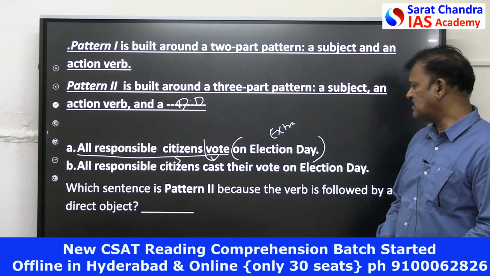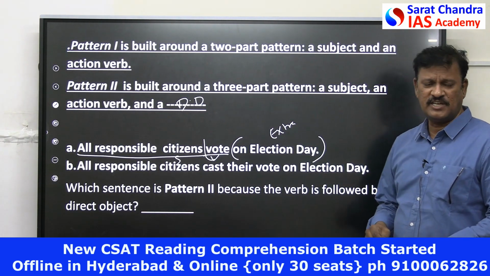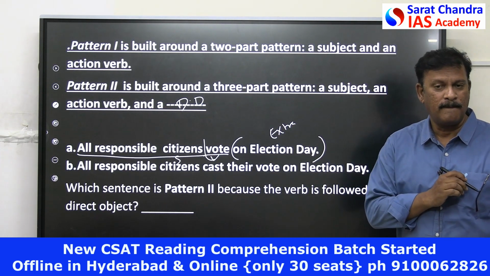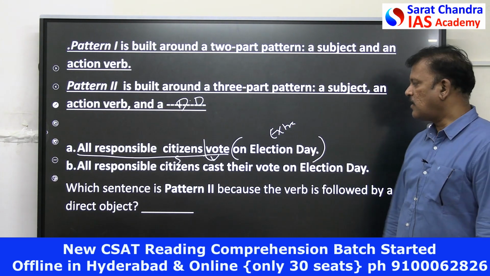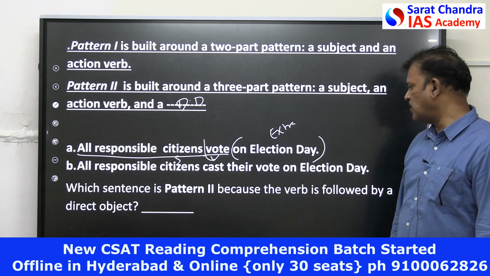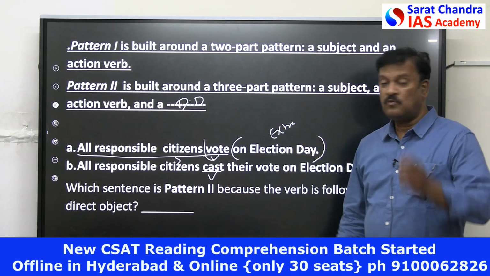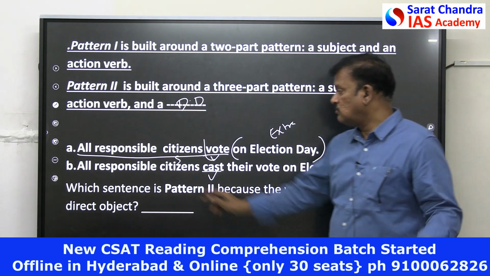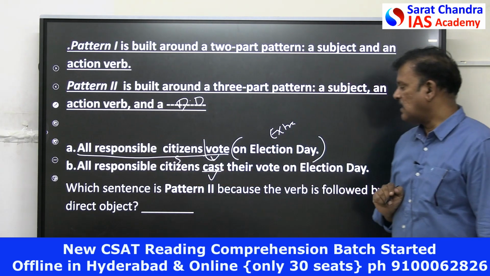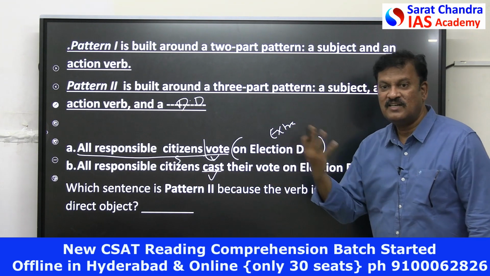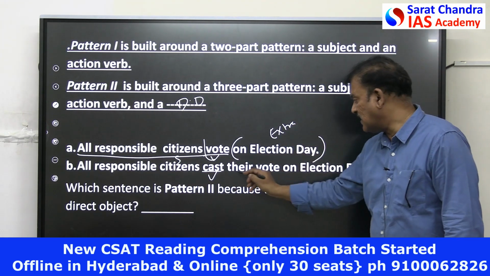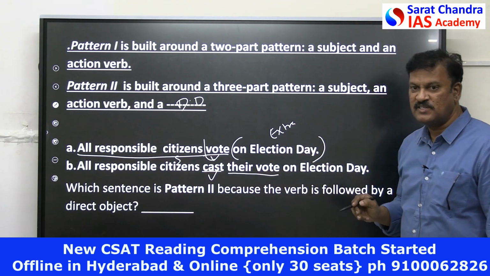All responsible citizens cast their vote on election day. Where is the verb? Very good. Now, what is the subject? Who? All responsible citizens. And cast? Yes. And where is the extra information?